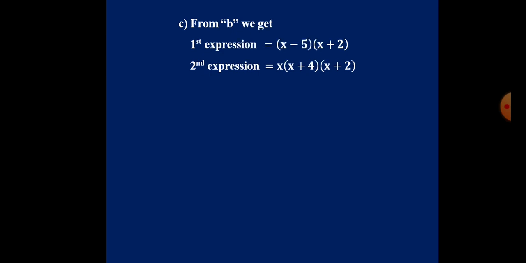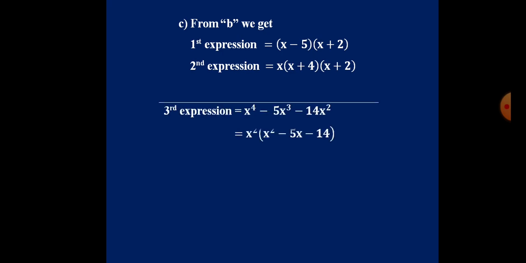Now let us solve question number C. Now from B we get the first expression is x minus 5, x plus 2, and the second expression is x times x plus 4 times x plus 2. Okay, let us go for the third expression, and it is x to the power 4 minus 5x cubed minus 14x squared. As x squared is a common term, we have taken out x squared times x squared minus 5x minus 14.